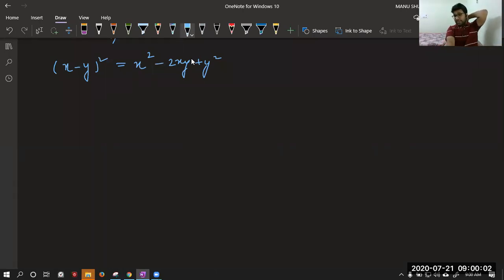Now let's start another very interesting topic, that is the reverse of square. The reverse of the squaring process is known as? Square root. Very good. The reverse of the square process is square root.